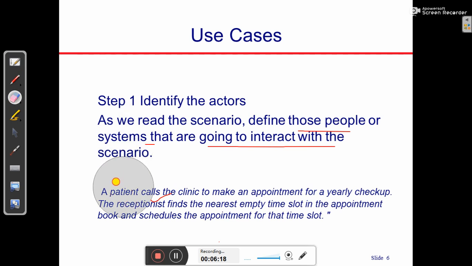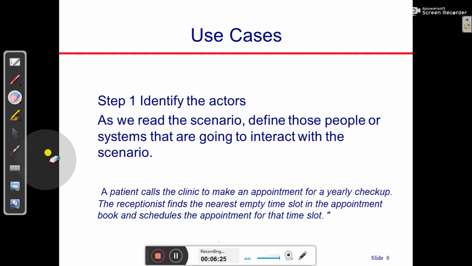So we need to find the actors first. That is step 1. We need to find the actors by analyzing the scenario, and those people or systems that are going to interact with the scenario, we need to identify as actors.